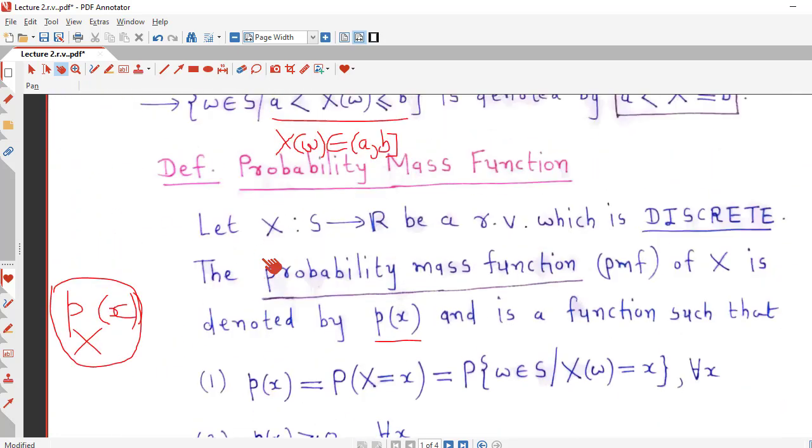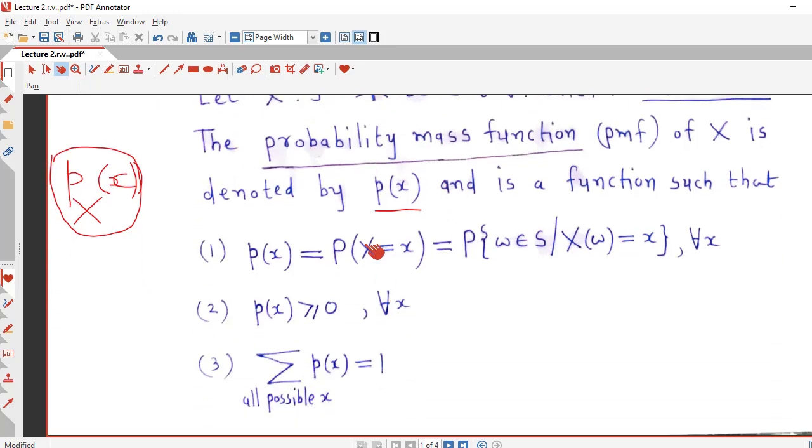Some authors consider the definition of probability mass function as probability distribution also. So that is also fine.